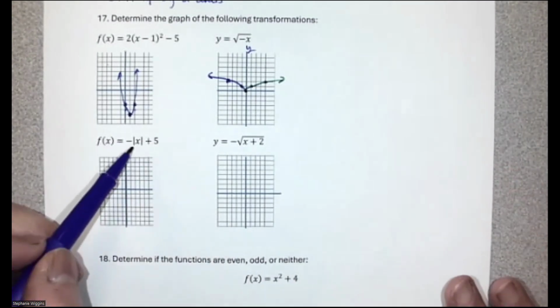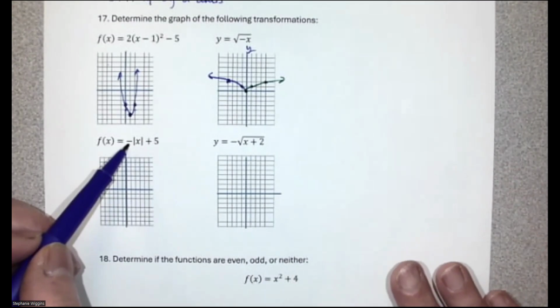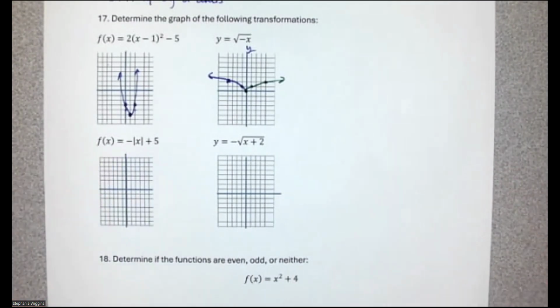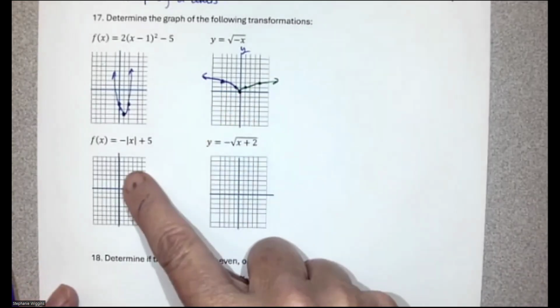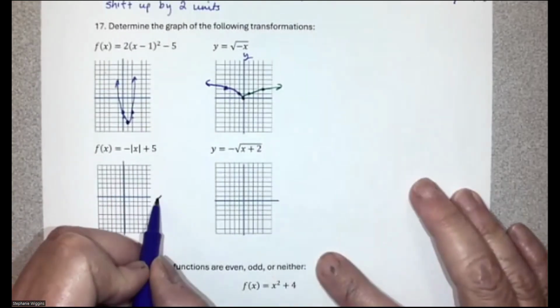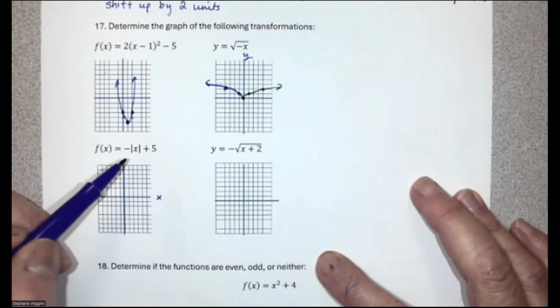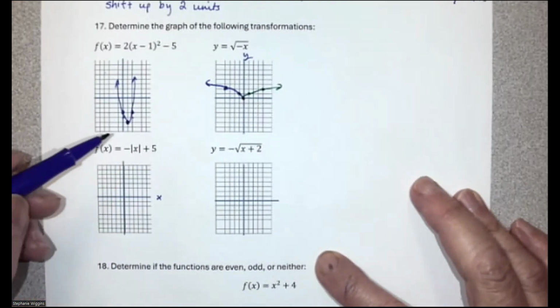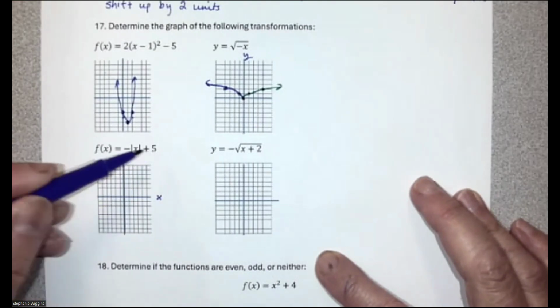Now we have the absolute value function. This negative on the outside means it's going to reflect across the x-axis. So on the outside, it's a vertical reflection. And so here we have a horizontal reflection. Now it's going to go across the x-axis right there. And the absolute value function is shaped like a V. And after it's reflected, it's going to be shifted up 5.